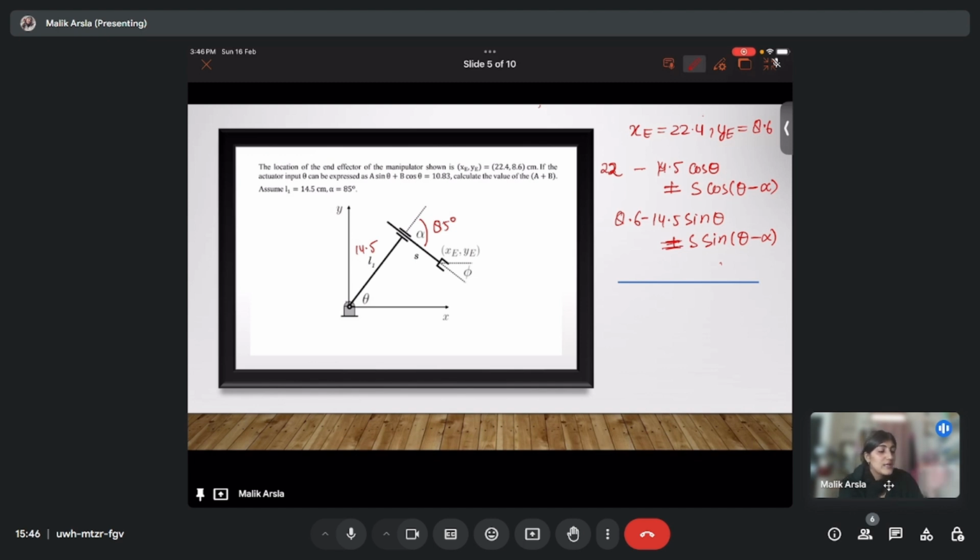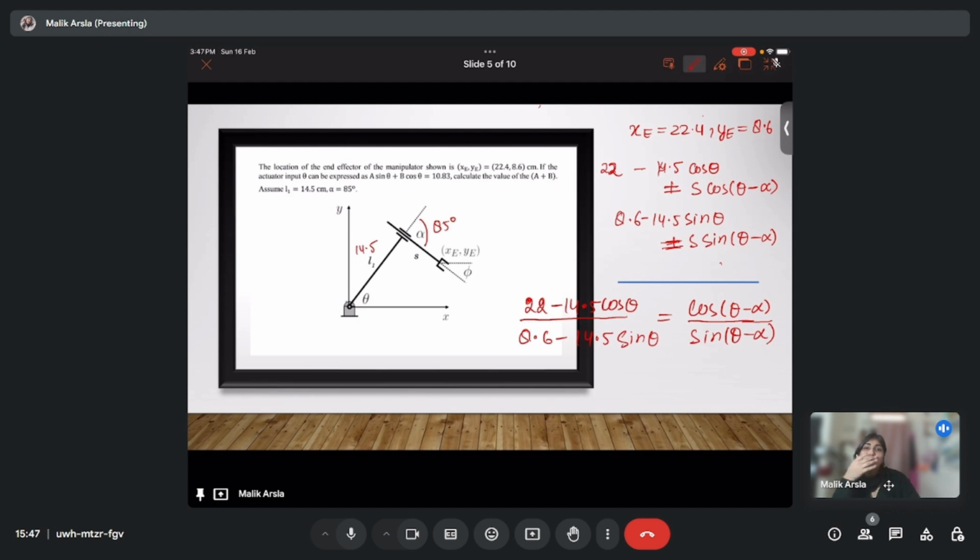Now you can clearly see that if you divide the LHS and RHS of both equations, this s will be automatically cancelled. So we will write it as 22.4 minus 14.5 cos theta upon 8.6 minus 14.5 sine theta is equal to cos of theta minus alpha upon sine of theta minus alpha. Now in this equation, alpha is also known, and theta is the only unknown.